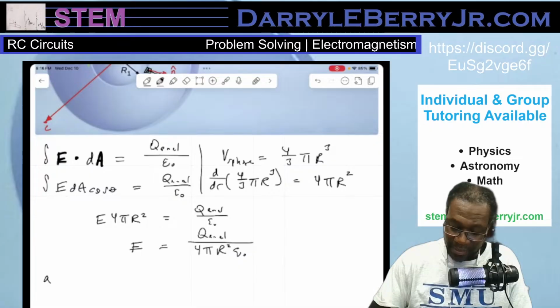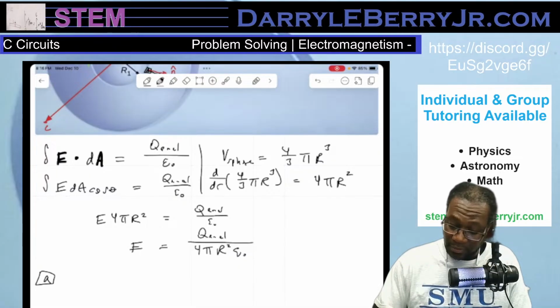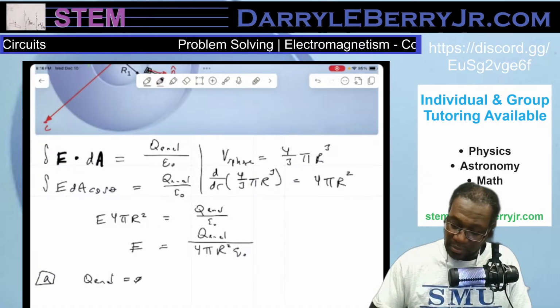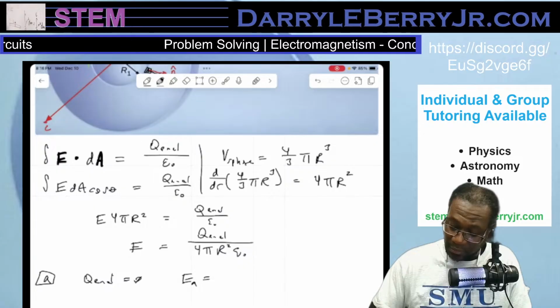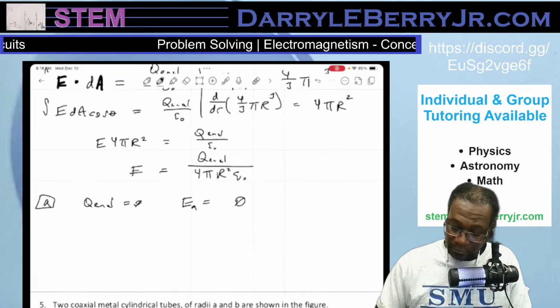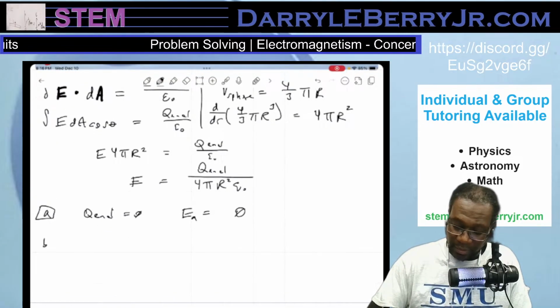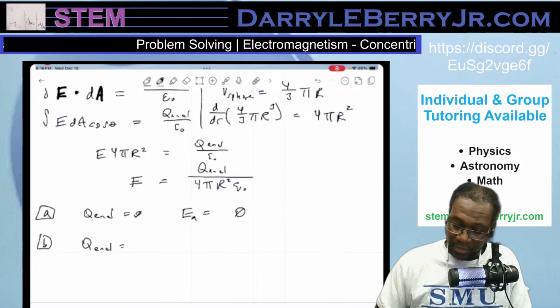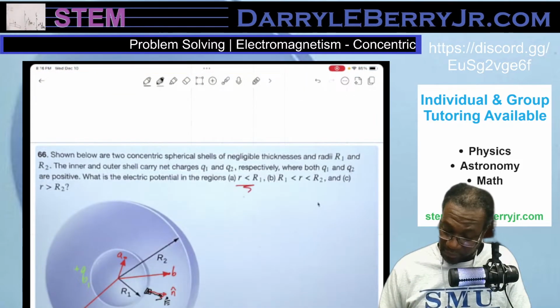So at A, the Q enclosed equals 0. So E at A equals 0. At location B, Q enclosed is Q, let's say Q1.